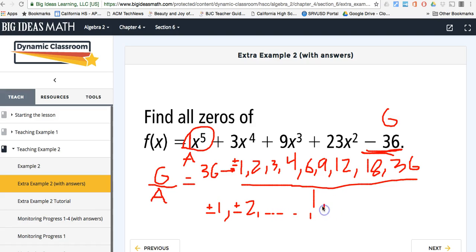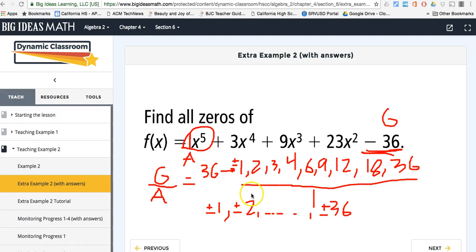Now, the only reason these are just the whole numbers is because our denominator was just the factors of 1. Again, if this were 2, then we would have to put each number over 1 and then also each number over 2. So we would have 1 over 1 and then 1 over 2, 2 over 1, 2 over 2.